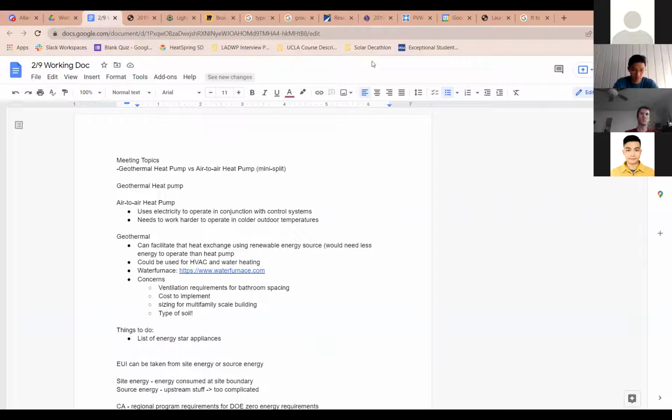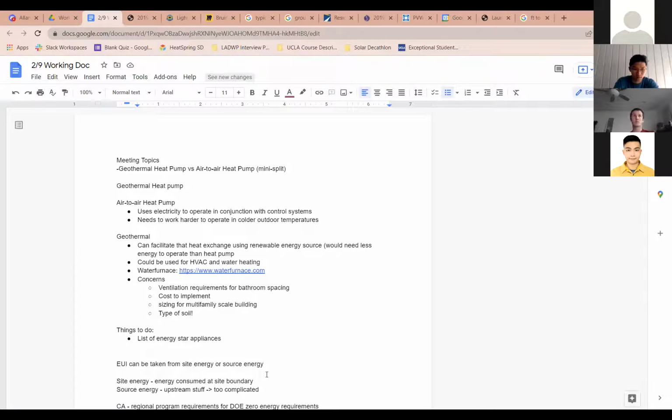One of the more innovative ways of achieving a zero energy building is, rather than utilizing an air-to-air heat pump, which is that ductless mini split heat pump system that I was talking about earlier in our design process. The problem with that is that there's nothing really renewable about it, and in order to operate the heat pump, we're going to be relying solely on the electricity that we're sourcing offsite, or the renewable energy that we're getting on site.